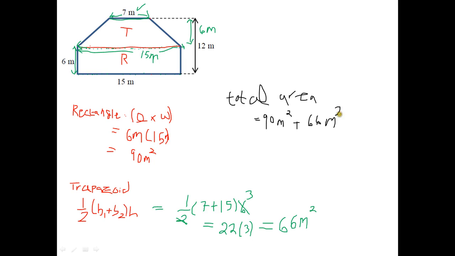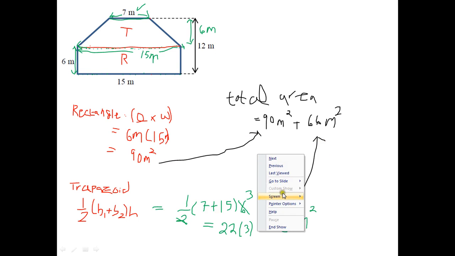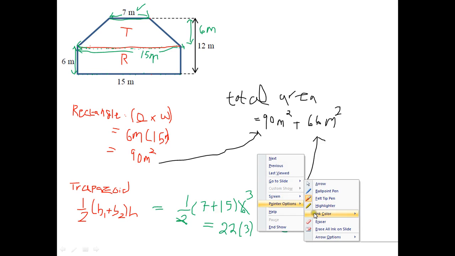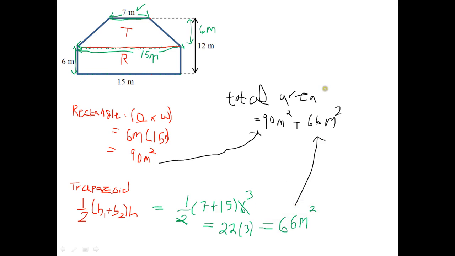The first one came from the area of the rectangle, and the second one came from the area of the trapezoid. So I have these two numbers. If I add them together, let me put the answer at the top instead, because there's a lot of stuff on the bottom. The total is going to be 90 plus 66, so it's going to be 156 meters squared. And that's the full area in this problem.